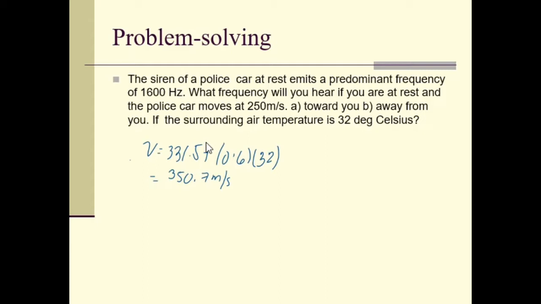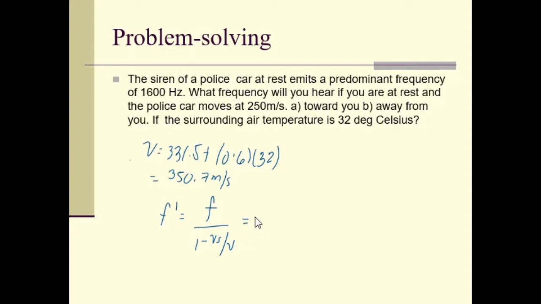Now let us solve for the frequency if the police car moves toward you. So you have here, formula is F prime equals F over 1 minus the velocity of source divided by the velocity of sound. So let us substitute.